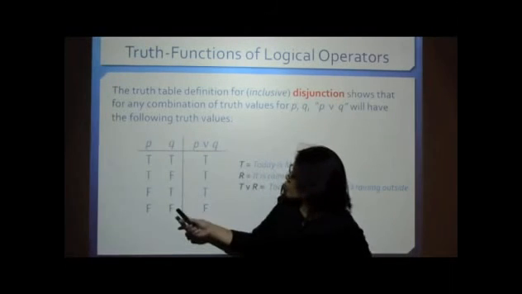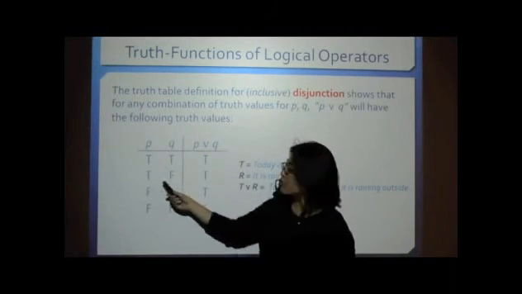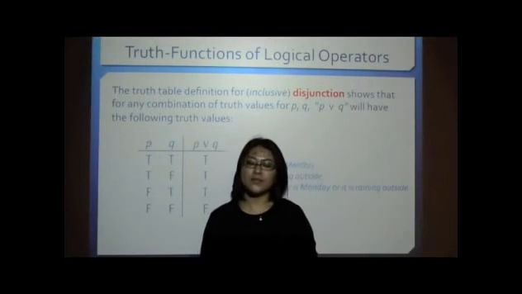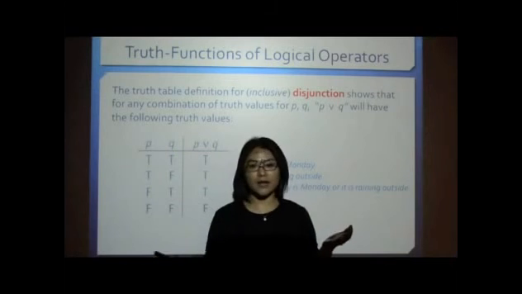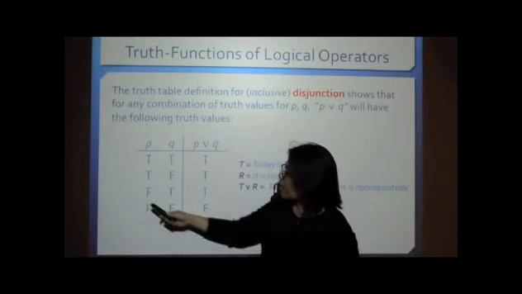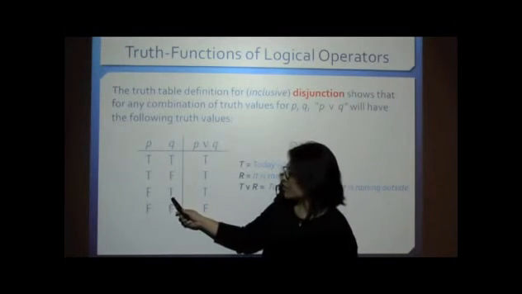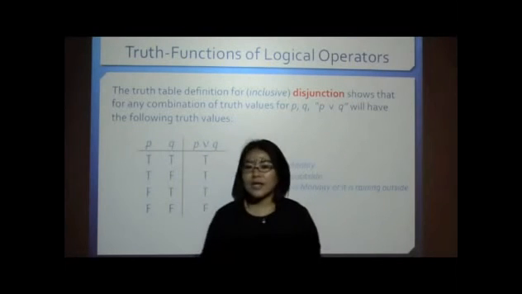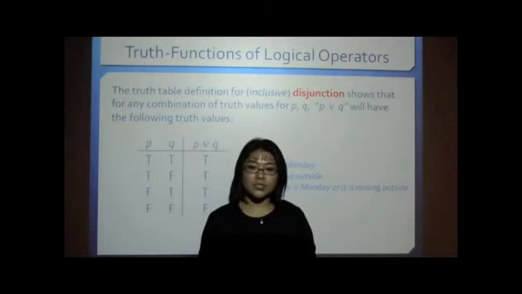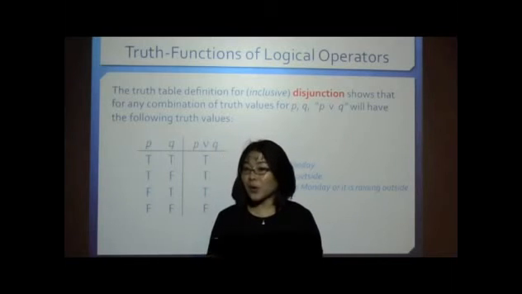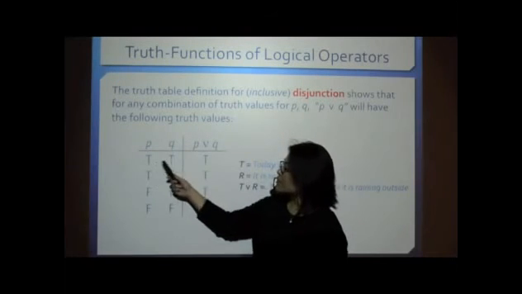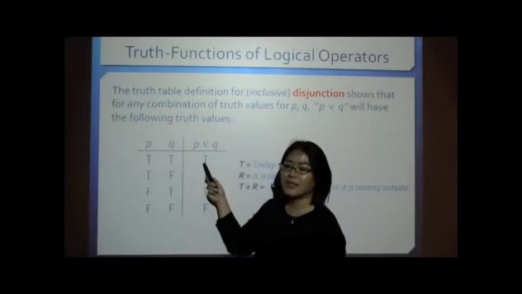It's also true if you have oranges but you don't have apples. However, it is also true in propositional logic if you have both apples and oranges. So if you have both, then the statement, you have apples or oranges, will be true.